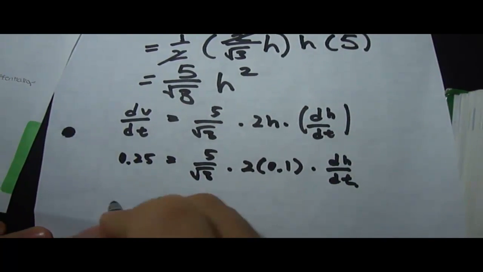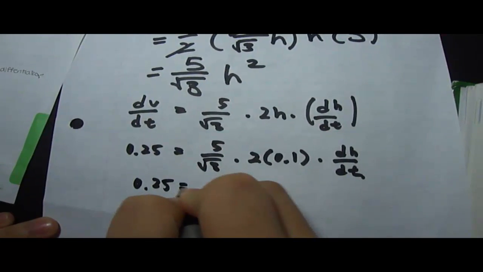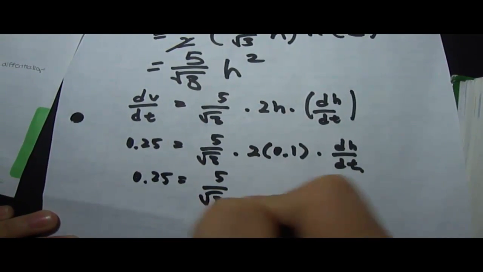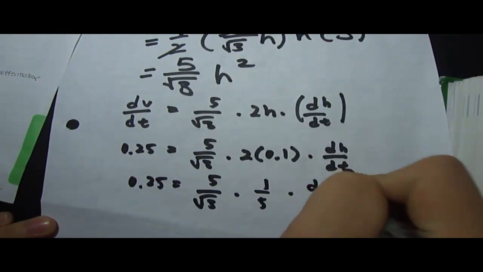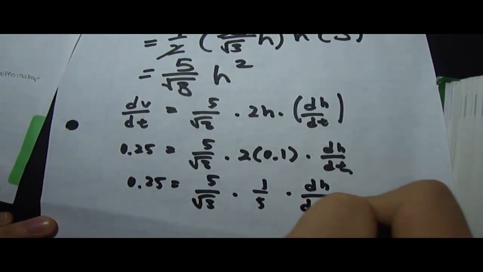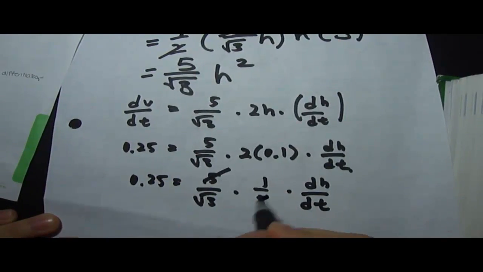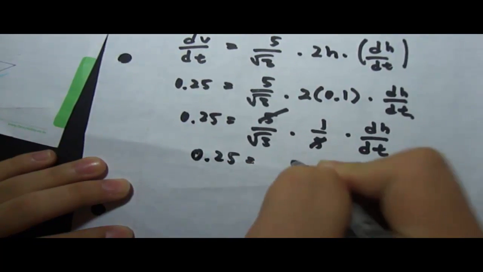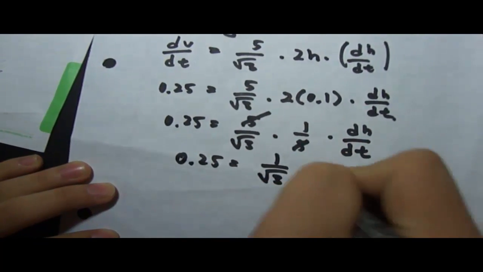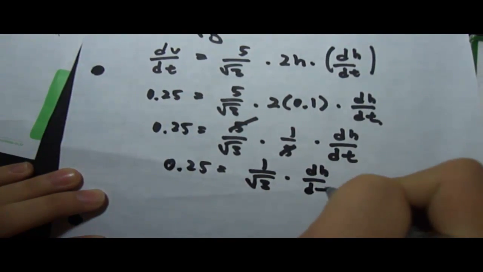So this is also equal to 5 over root 3 times 1 over 5 times dh over dt. Then these 5's cancel out, and now we have 0.25 equals 1 over root 3 times dh over dt.